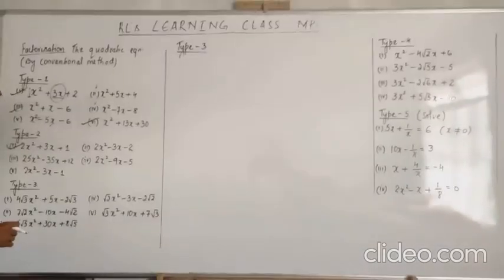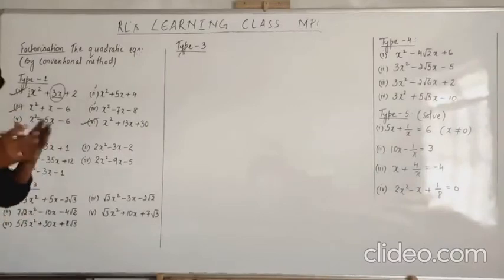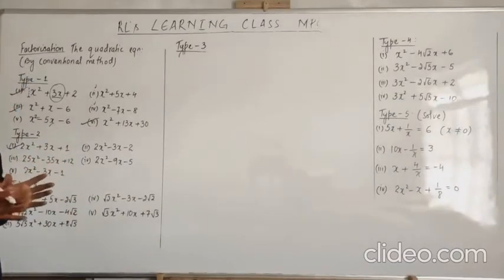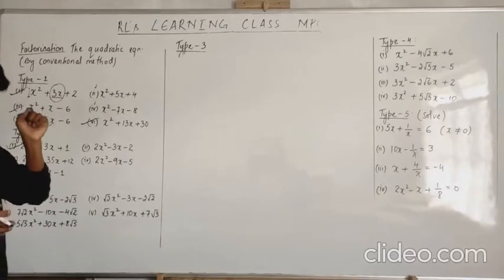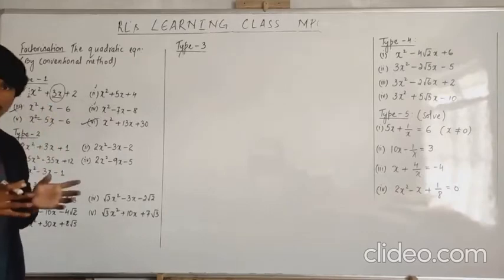Now first type, there is no number on the first term, there is only x, there is a variable. Yes, there is a number, but that is 1, which is always invisible.